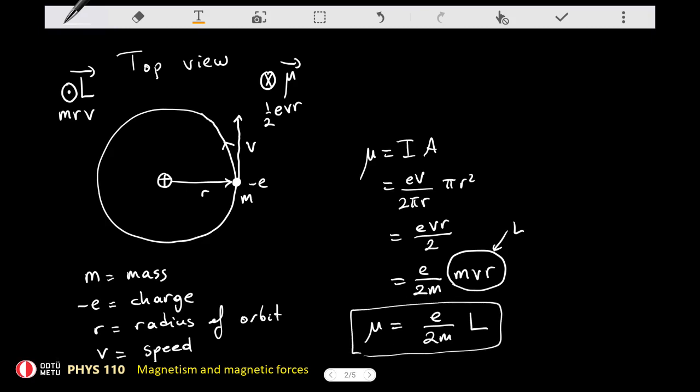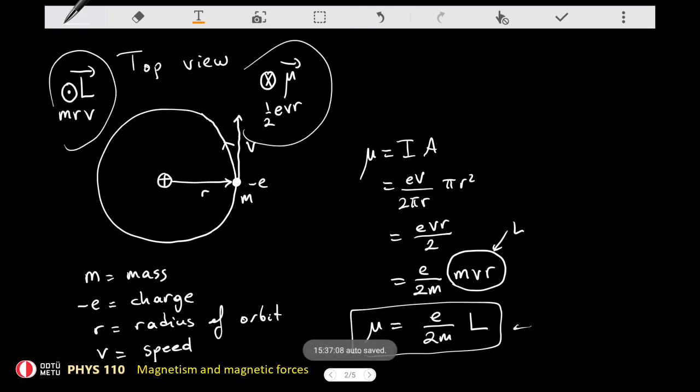All right, let's remember again that both angular momentum and the magnetic dipole moment are vectors. Now we just found the relationship between their magnitudes in here. But we also have found the relationship between their directions. So angular momentum is pointing out of the screen. Magnetic dipole moment is pointing into the screen. Right? So we also know the direction. So therefore, I can write this relationship down vectorially.